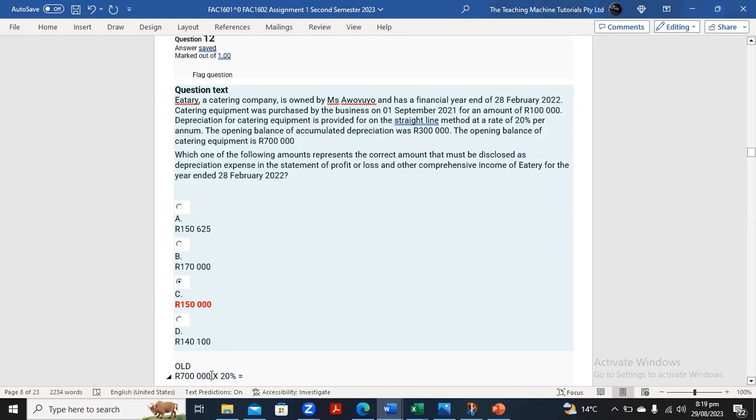But don't forget, it's the same as saying 12 divided by 12, because this is old. This is the accumulated depreciation for the previous years. So what is the current depreciation for this old one?